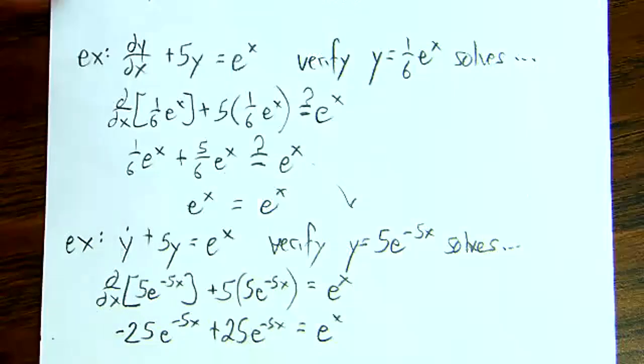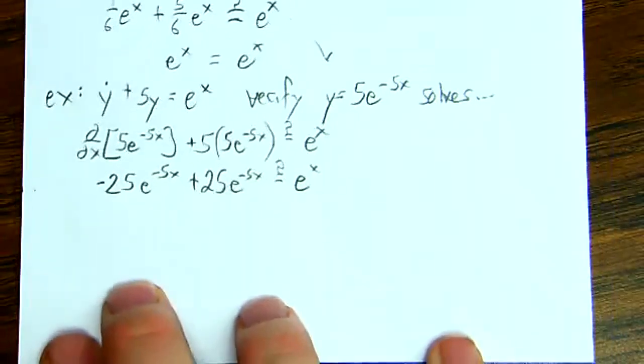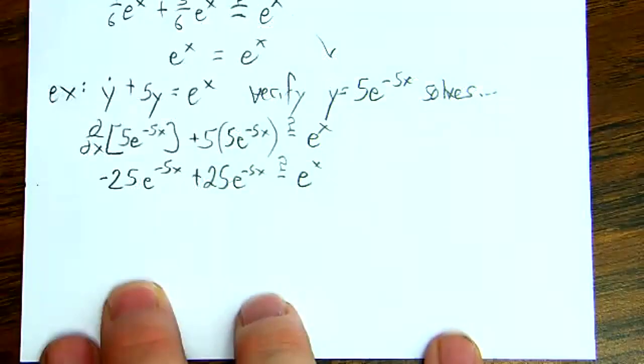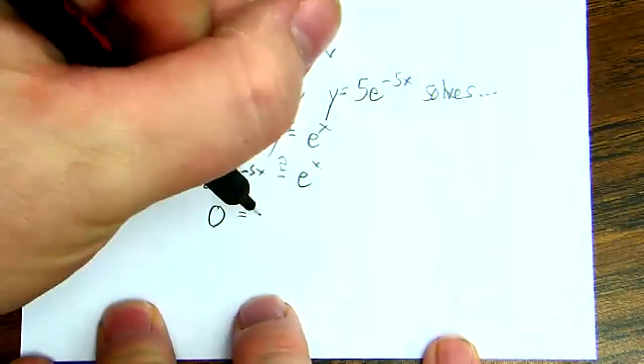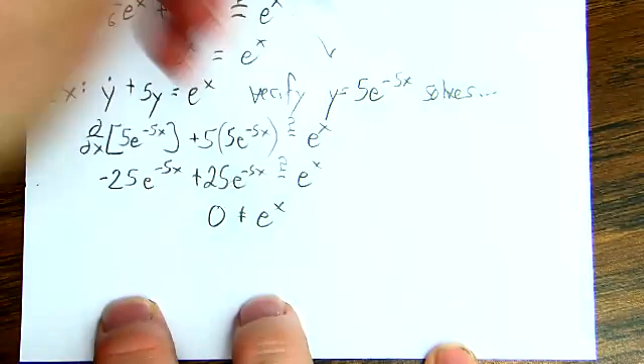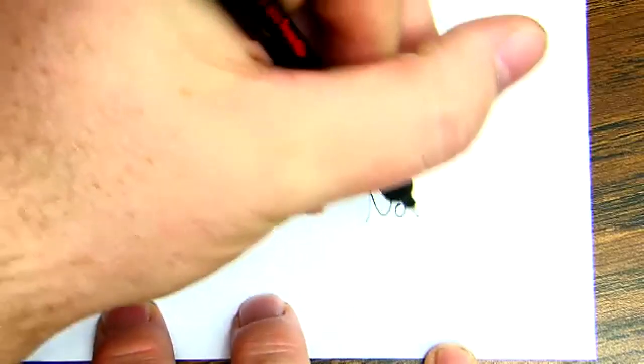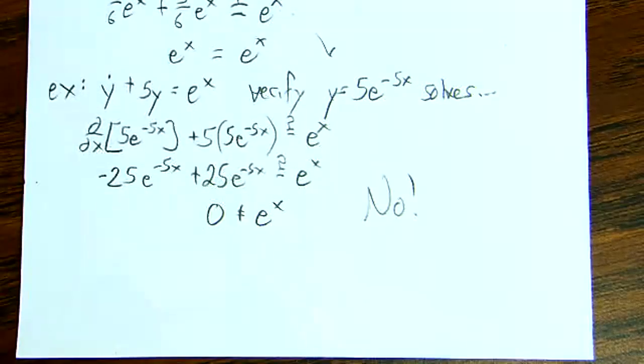And I'm checking to see if that's equal to e to the x. Well, on the left, I have, in fact, 0. And 0 is not equal to e to the x. So this does not solve the differential equation. That is not a solution.